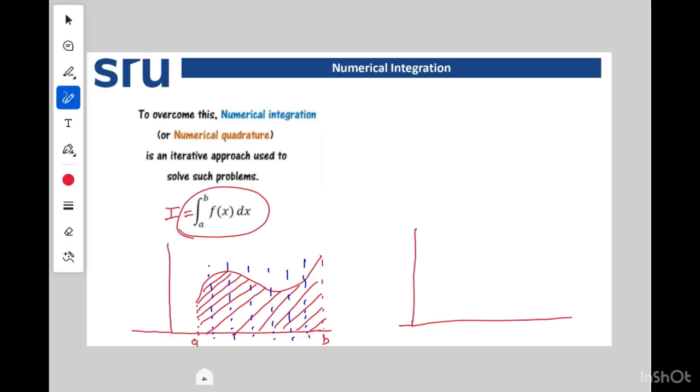Suppose this is your original curve, this is your A, and this is your B. What is A here? A is your first data point.